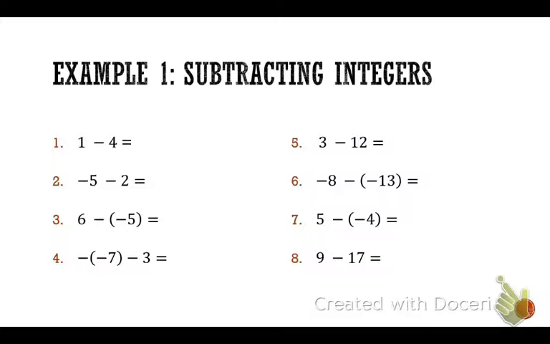Do you remember on Friday how I said, is 1 positive or negative? And you would say 1 is positive. Now, is 4 positive or negative? It is negative. Why? Because it has the minus sign or the subtraction sign in front of it. So we understand that if I'm subtracting 4, that means 4 is negative.